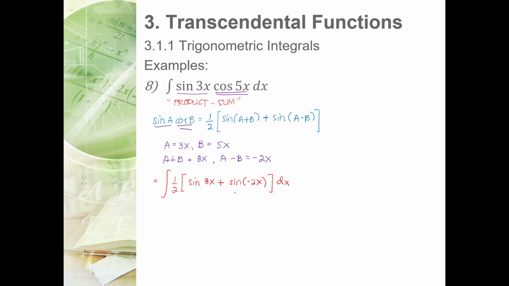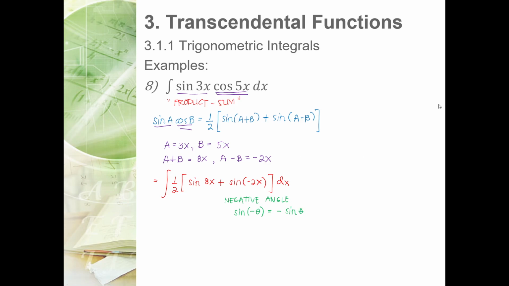Okay, so looking at the second term, we have a negative angle for sine. So we have another identity for that one, and that's negative angle identities. Try looking it up later or now. It states that if you have a negative angle, sine negative theta, the answer is negative sine theta.